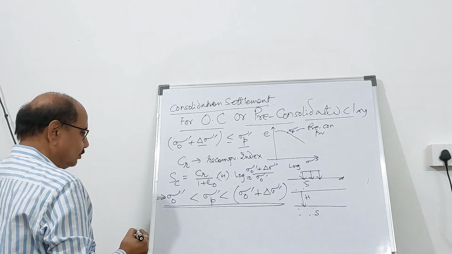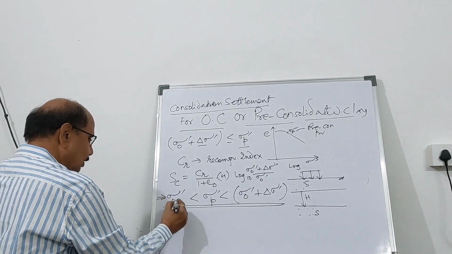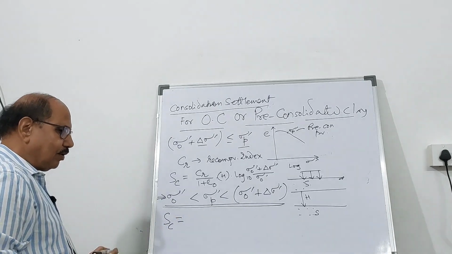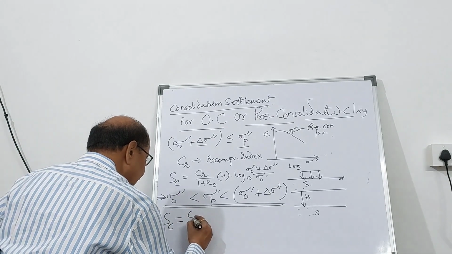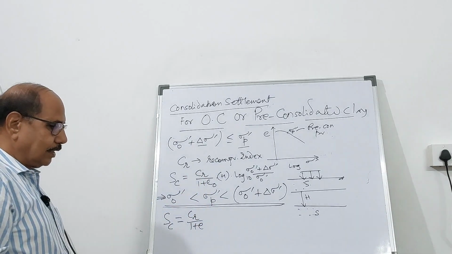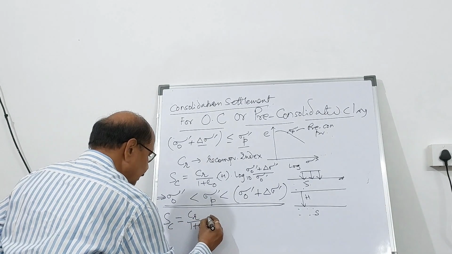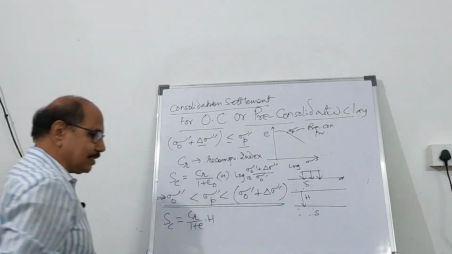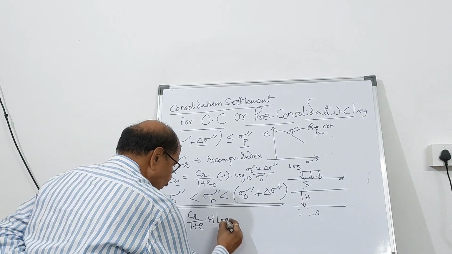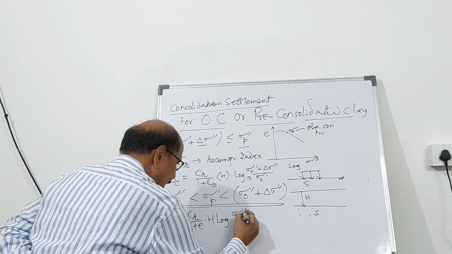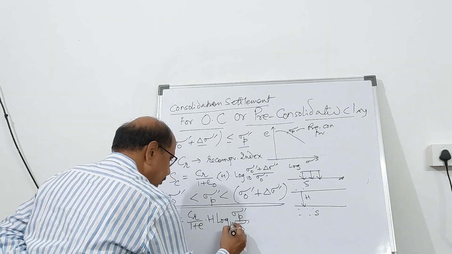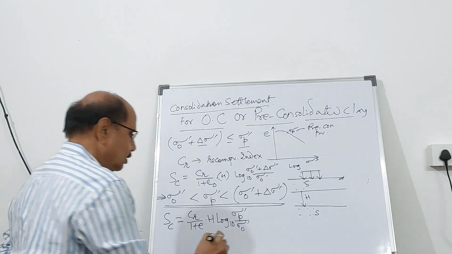That's very important. So you see, for this case, the consolidation settlement will be equal to CR divided by 1 plus e naught multiplied by H, where H is the thickness as shown in the diagram, into log of sigma p prime, the pre-consolidation pressure, divided by the effective overburden pressure, to the base 10, plus.